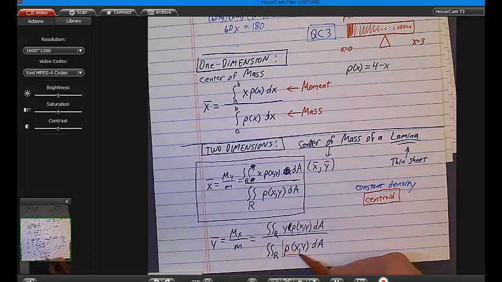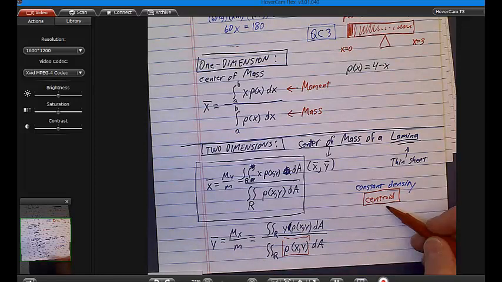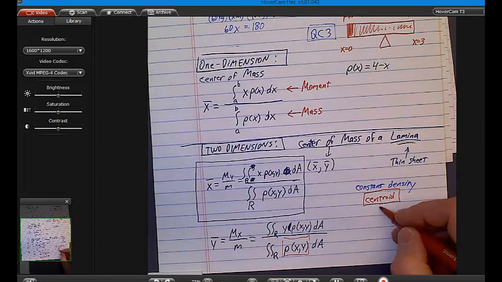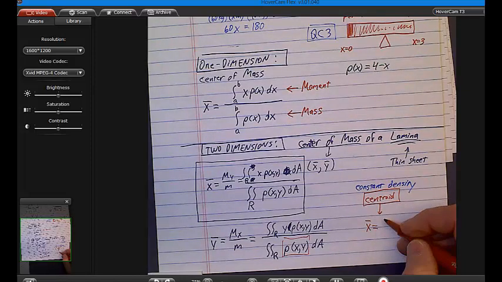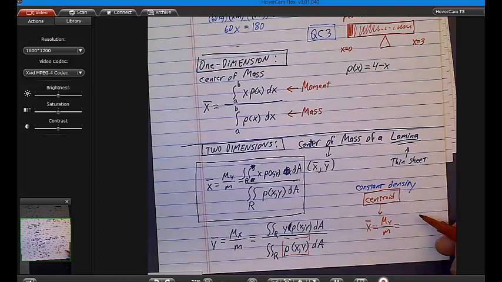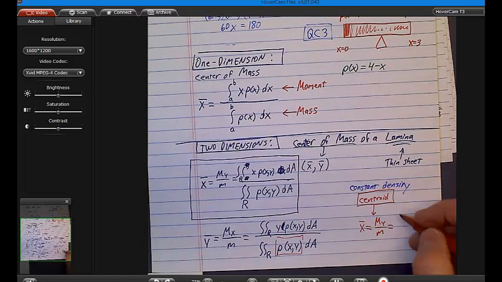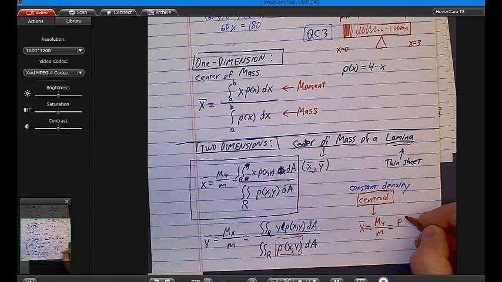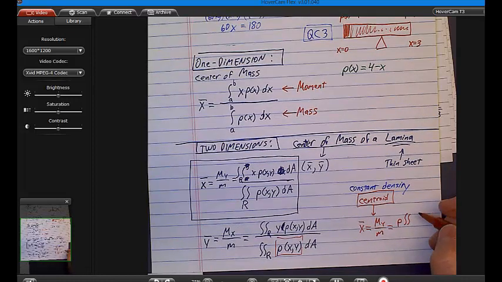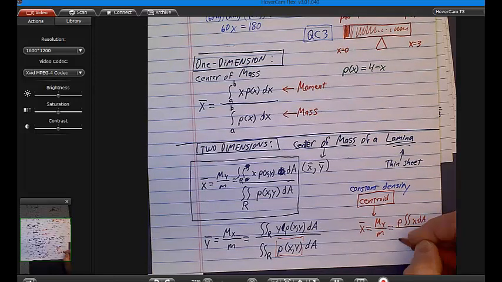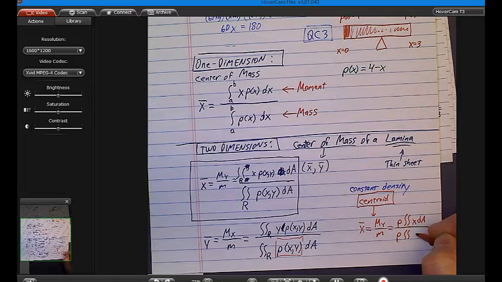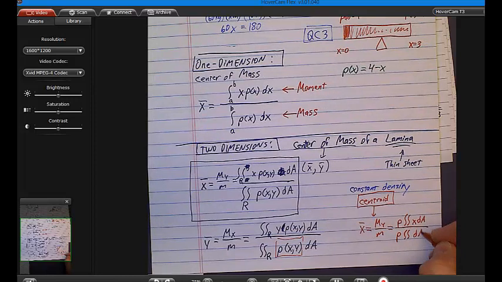If this is a constant, you could factor it out. So the centroid is given by this. X bar would be, again, still My over M. But you could factor out a rho, and so you just get the double integral of x dA. And in the denominator, you factor out a rho, and so you get the double integral of dA.